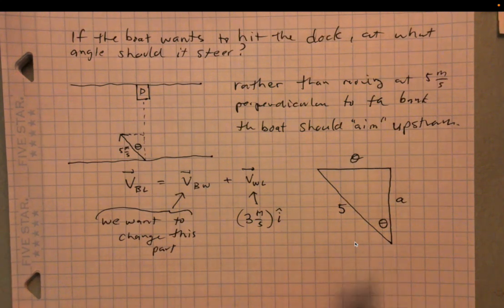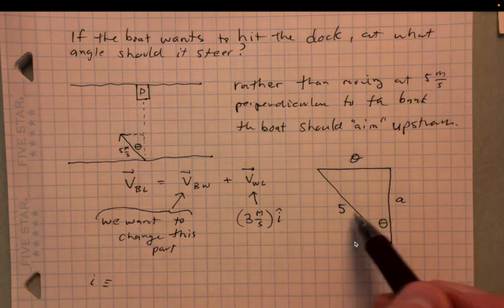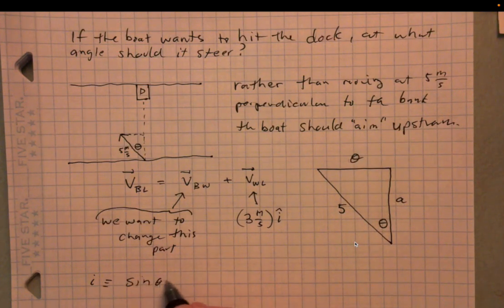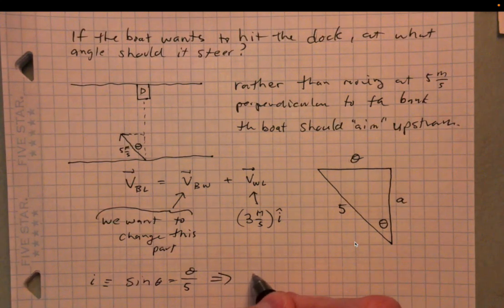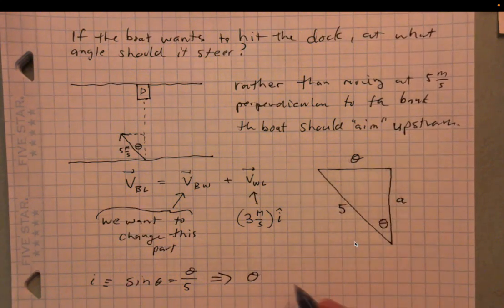Right, and so the i direction can be figured out using the sine of theta equals opposite over hypotenuse. Okay, and the implication then is that the opposite side, this side here, meaning the i component of the boat's velocity, is equal to 5 sine theta.